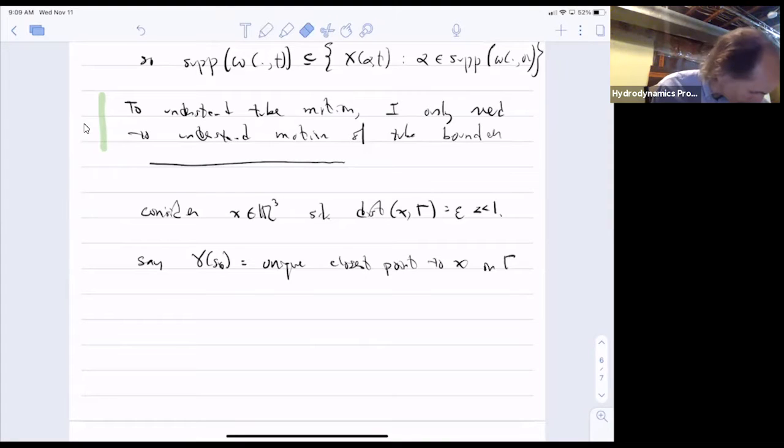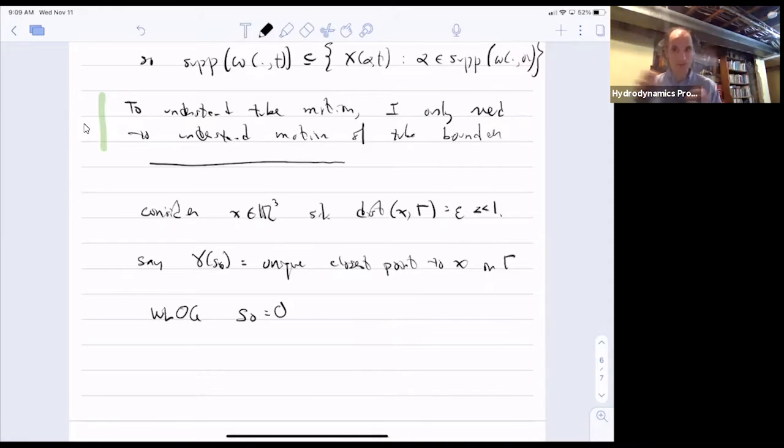And let's assume for convenience, by just changing variables, that this s naught is 0.